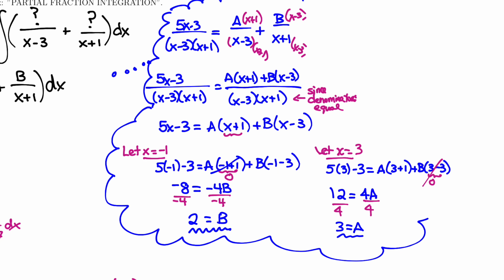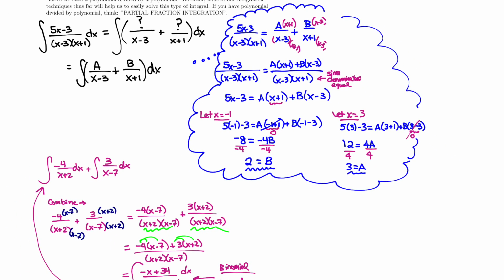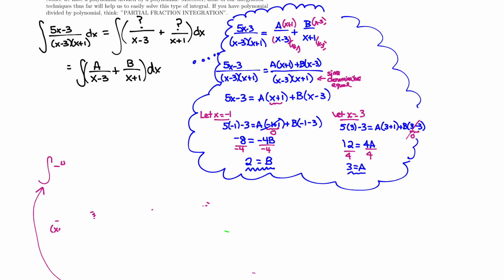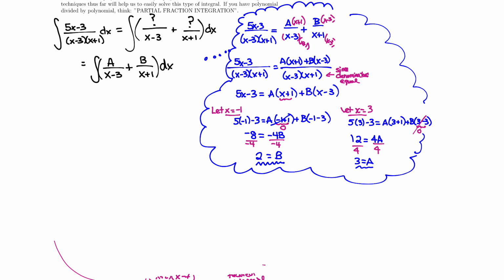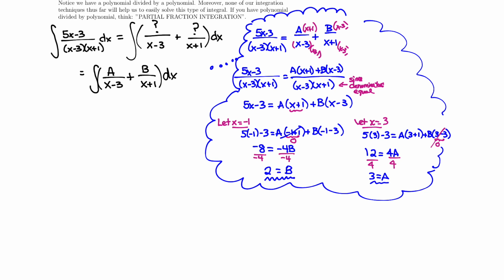And so that's going to tell me that if I want to simplify this binomial over a trinomial, I'm going to erase this other stuff, I can rewrite it as a, which is 3 over x minus 3, plus b, which is 2 over x plus 1.